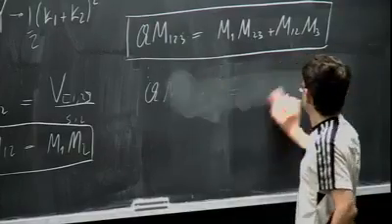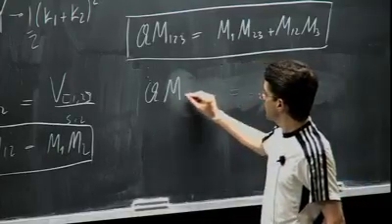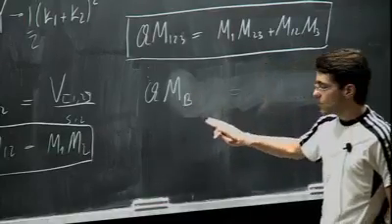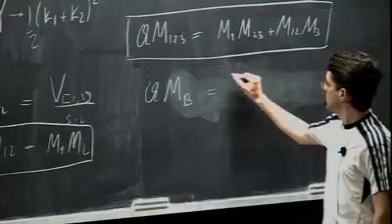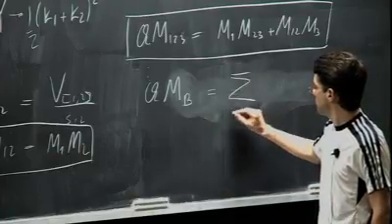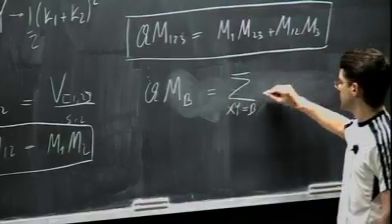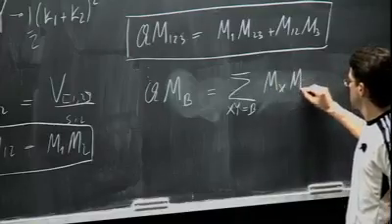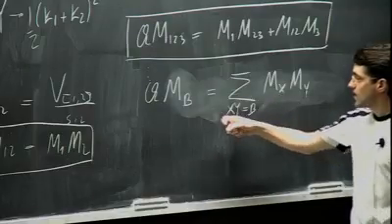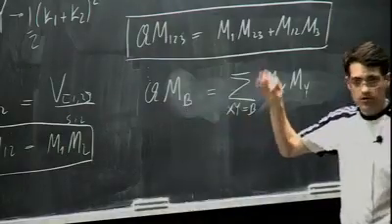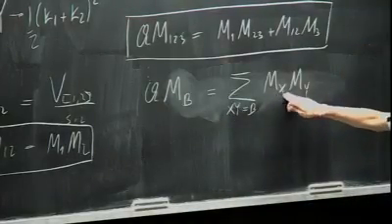So the pattern is that Q of M, and now a multi-particle label, it can be any string of labels, is a sum over x, y equals b, I'm going to explain in a minute, Mx, My, where I'm simply deconcatenating this word in all possible ways by using x here and y there.